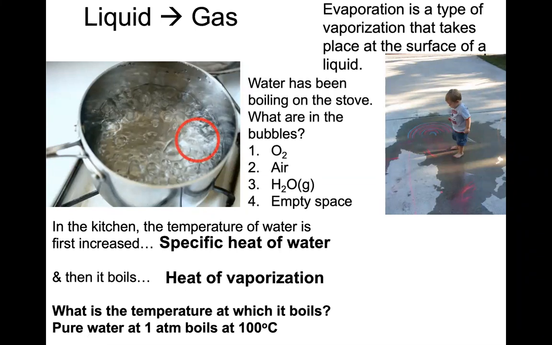Now, let me ask you this. If you look at the boiling pot of water there, I certainly see bubbles. So let's say this water has been sitting on my stove for a while. I see these bubbles coming to the top, coming to the top. Let me ask you this one, polling question. What is in those bubbles?